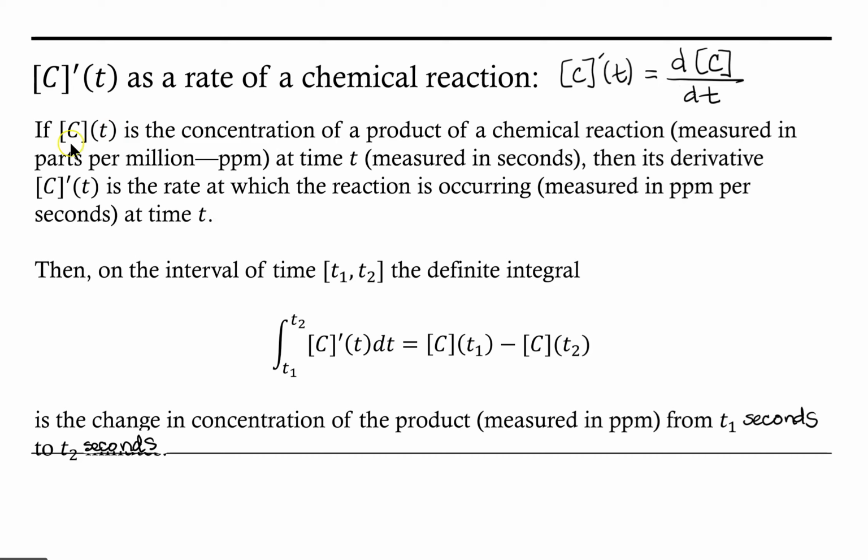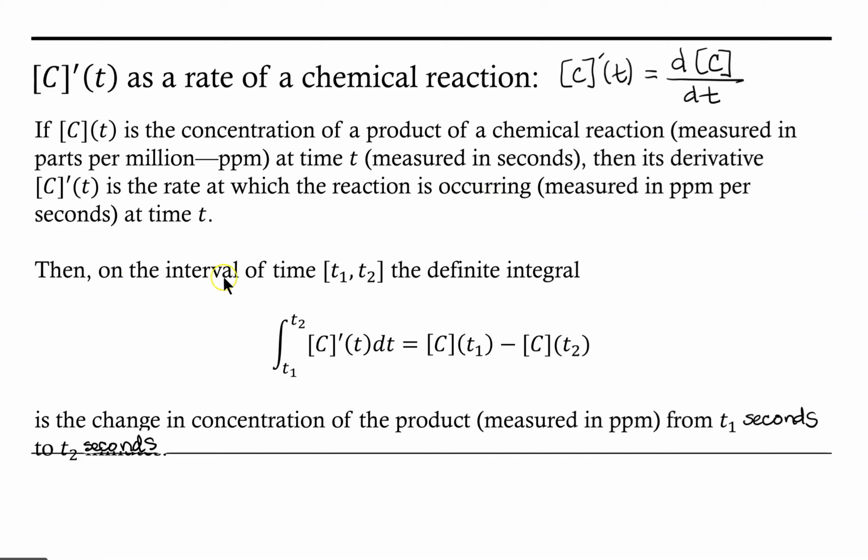So if C of t is the concentration of a product from a chemical reaction measured in parts per million at time t, and time t is measured in seconds, then its derivative, C prime of t, is the rate at which the reaction is occurring.